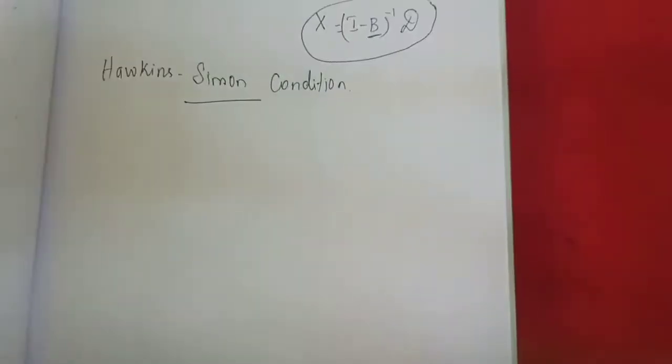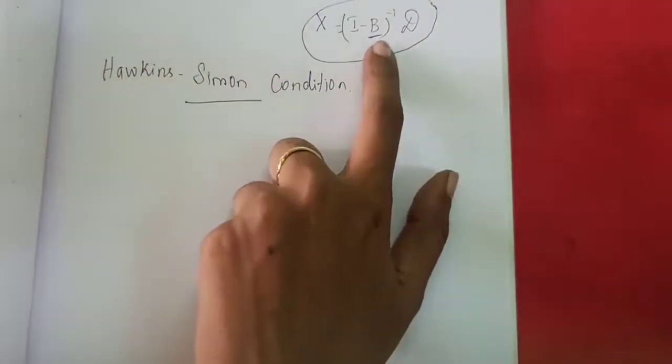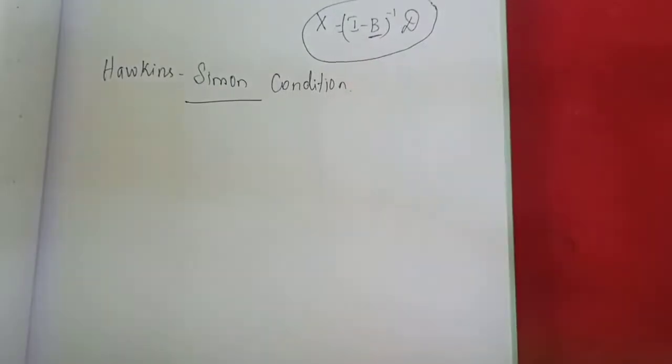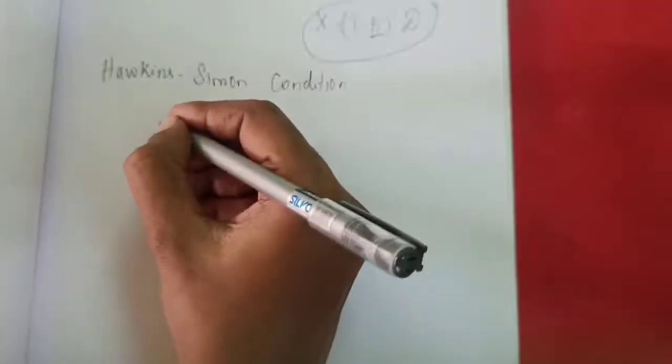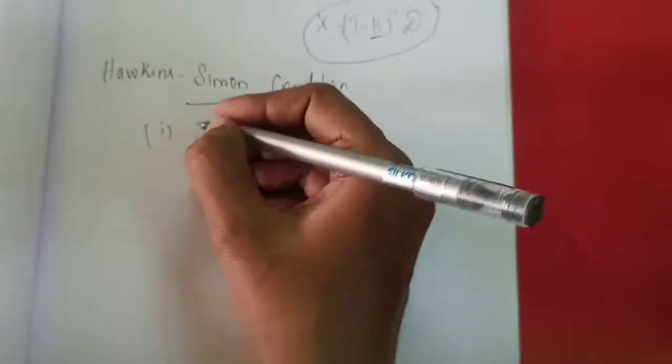It means, if B is the technology matrix, and I have already explained what a technology matrix is, then there are two Hawkins-Simon conditions.